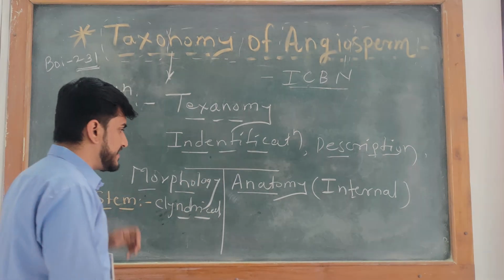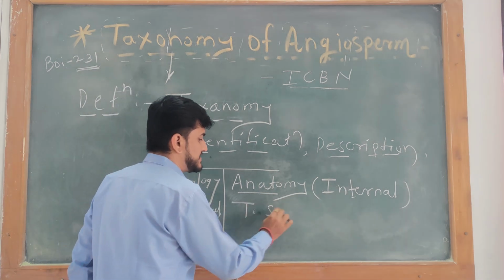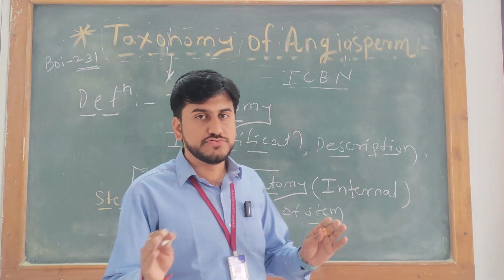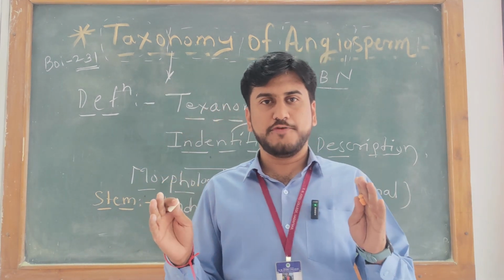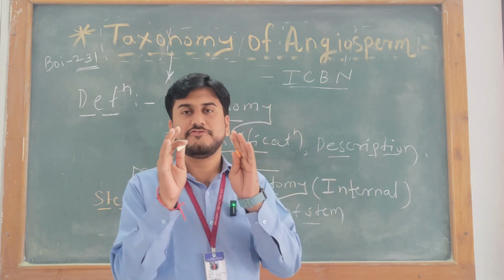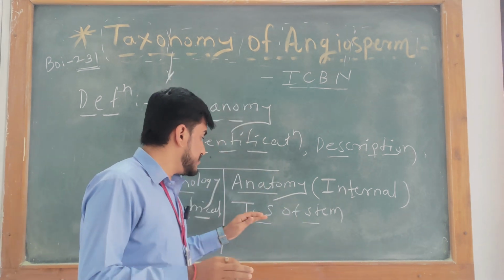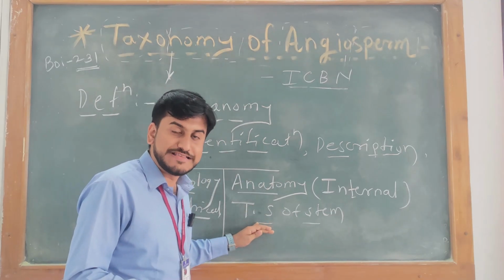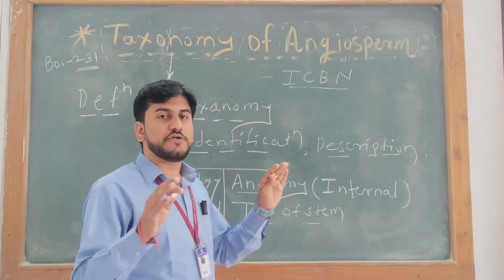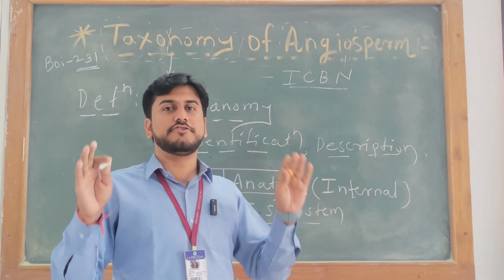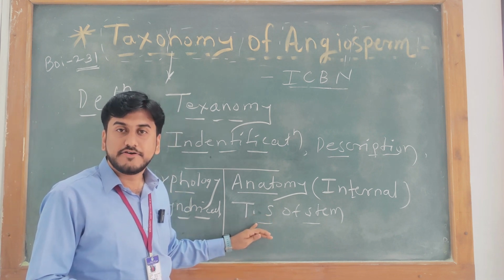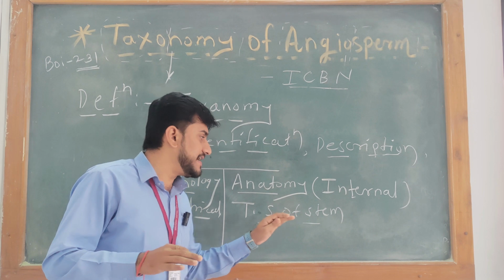Second, anatomical feature means you have to take the transverse section of the stem. Some tissues, a group of cells, are present in that plant, but you cannot observe these tissues with your naked eyes. So you take the transverse section of the stem and of the leaves, and observe this section under the microscope, so you can conclude which type of tissue system is present inside the plant and how the tissues are arranged.